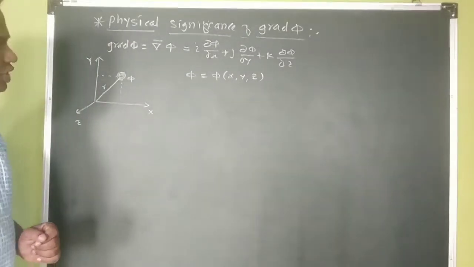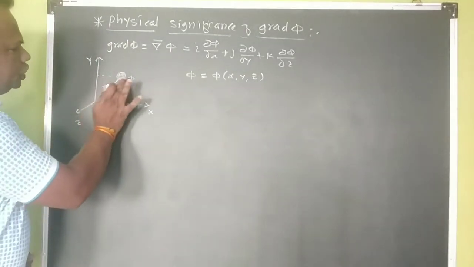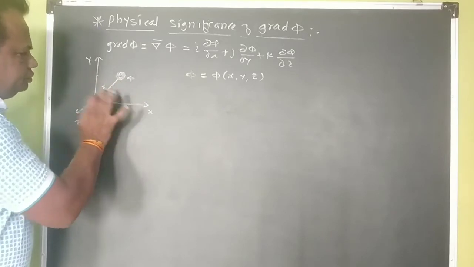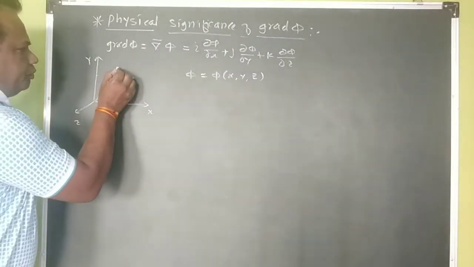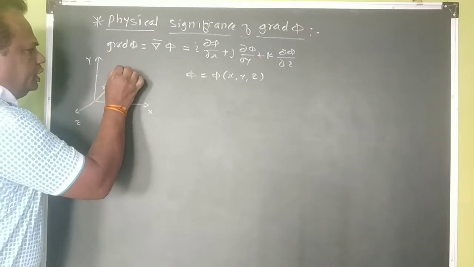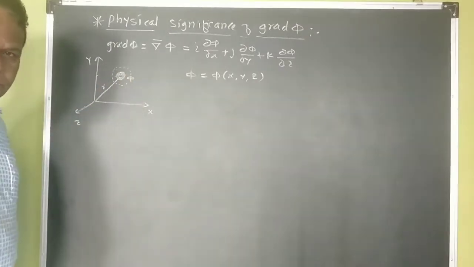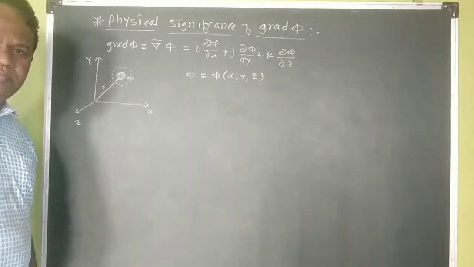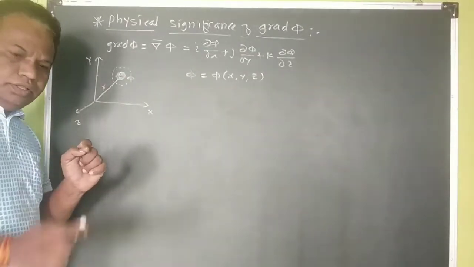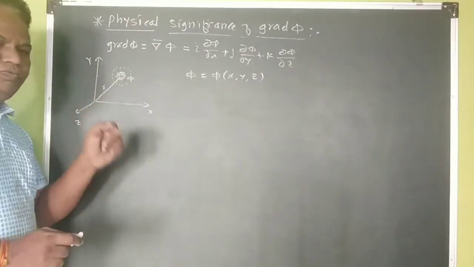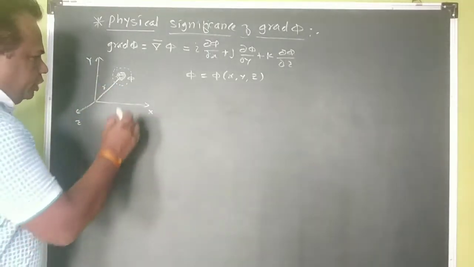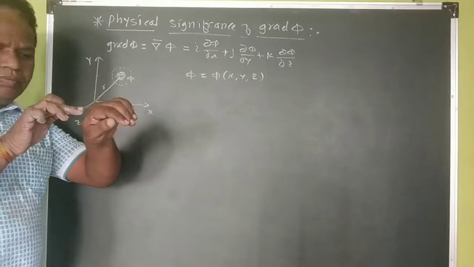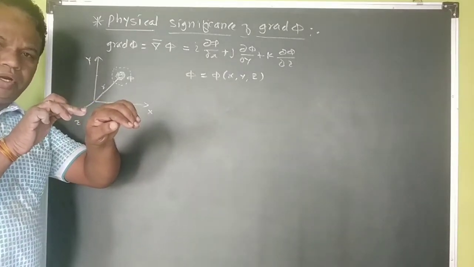Now, what will happen if the hot body is put in air? Then it will form different temperature zones. If you touch that body, you will observe that the temperature of the hot body is very high because it is at 100 degrees temperature. But if you go slightly away from it, then the temperature is lower.